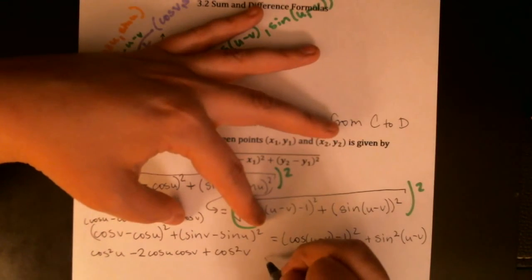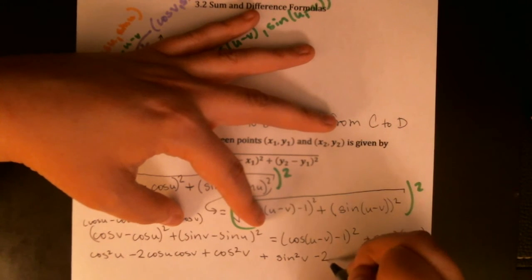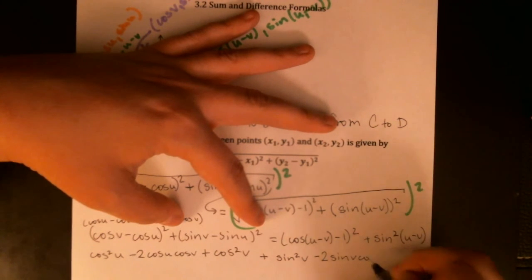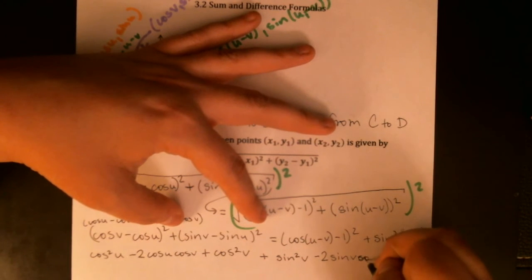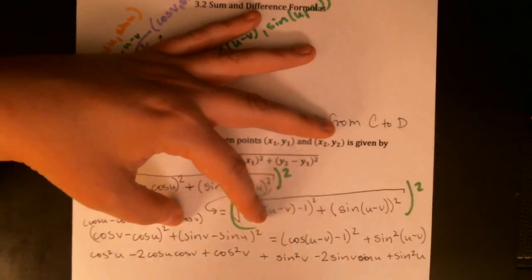We need to do the same thing with sines. So we're going to get sine squared V minus 2 sine V, no, not sine V, sine U, and then plus sine squared U.